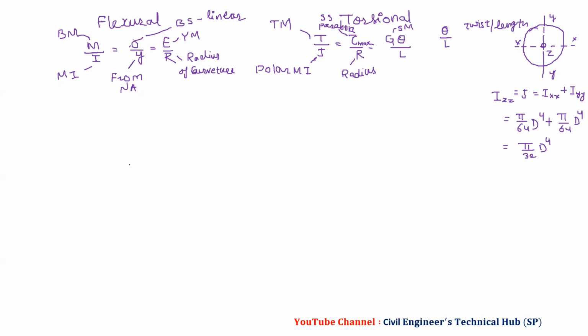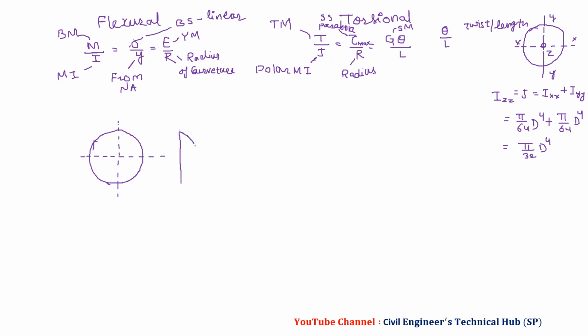So this will be the question. Now you may be asked to draw the shear stress diagram due to shear and then due to torsional moment. So now I will plot the shear stress distribution diagram due to shear, for a circle.